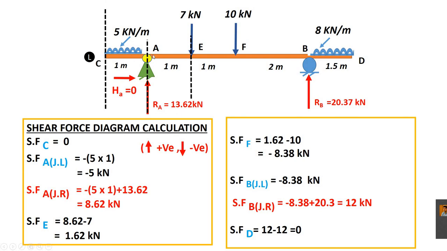Remember, you have to consider the left part only, as you move to just left of A and just right of A. So just left of point A, what about the value of load? That is 5 into 1, and it is acting downwards, so it is negative.